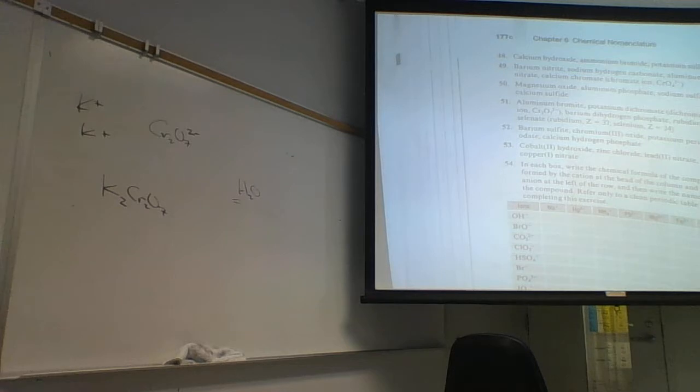Barium dihydrogen phosphate. Well, barium seems to be a popular ion. Here, Ba. What's the charge on barium? Ba2 plus.